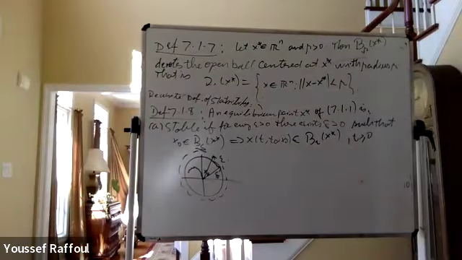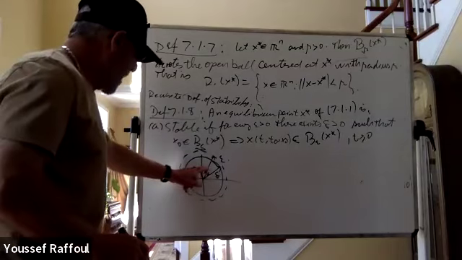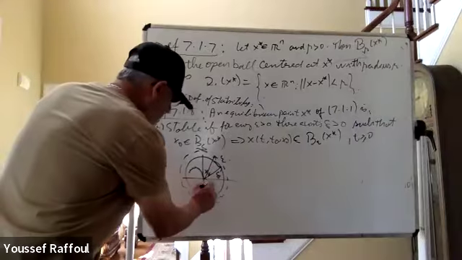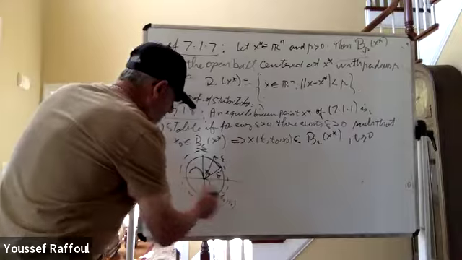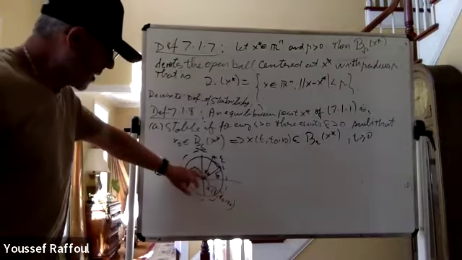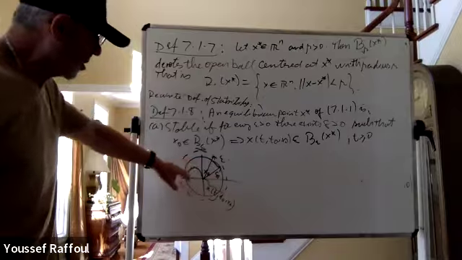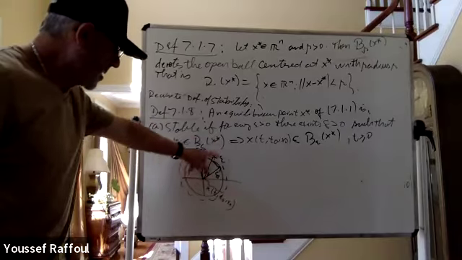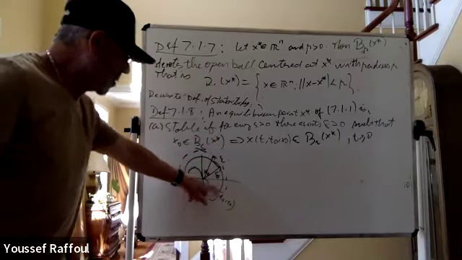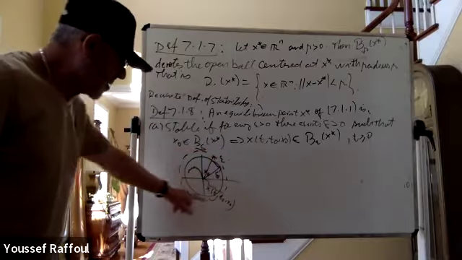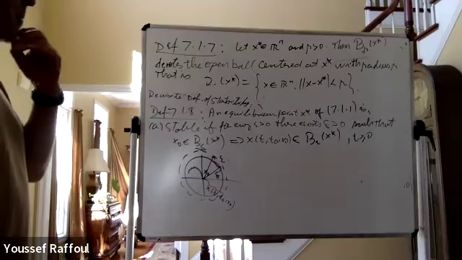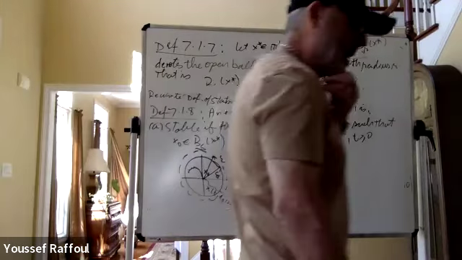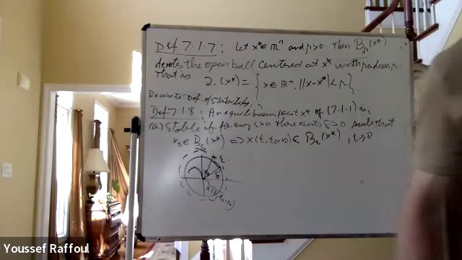So delta could be less than epsilon. So this is the solution x(t, t naught, x naught); it will stay. So for any solution starting in the circle of radius delta, the solution will always be less than another circle, less than epsilon. And of course, delta is going to depend on epsilon. So this is what it means. Okay?